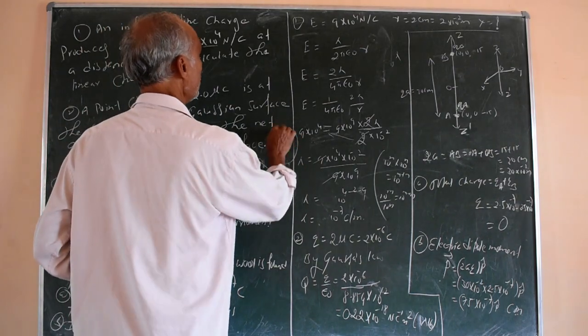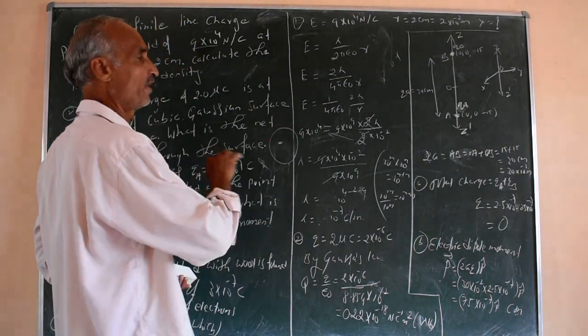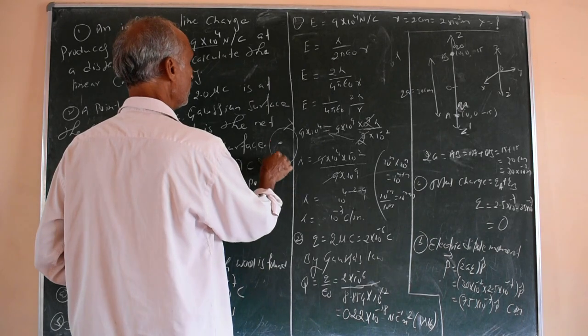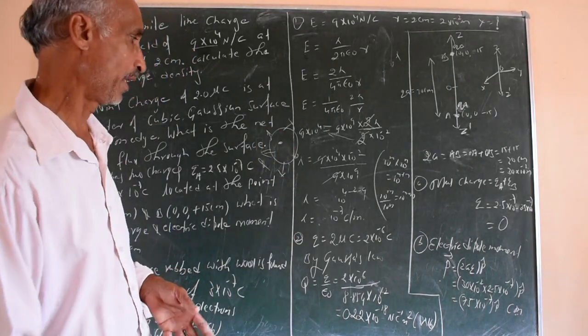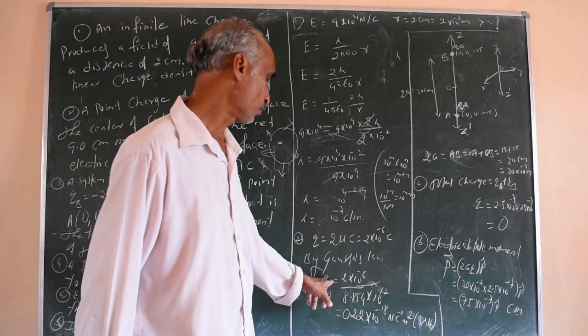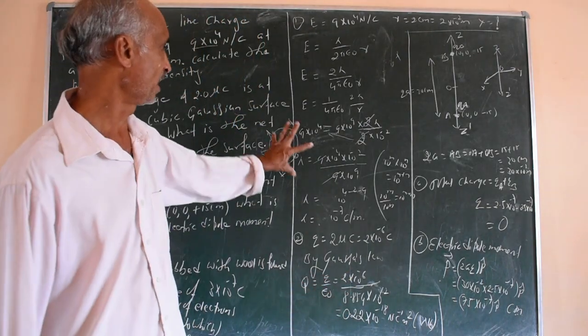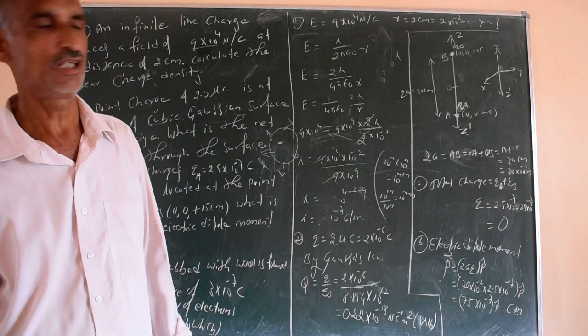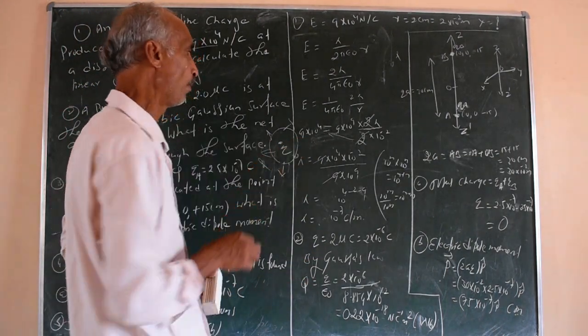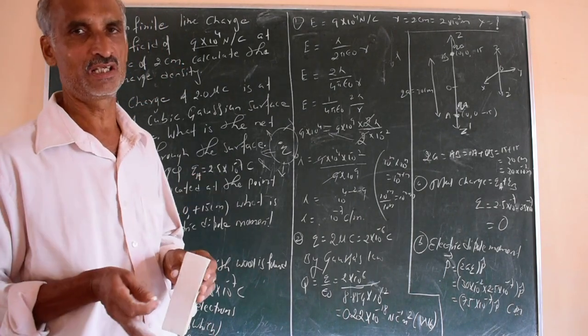Suppose a charge is placed inside a closed surface, then the electric flux passing through it is given by one simple formula according to Gauss's law. It is equal to Q upon epsilon naught. The size and shape of this particular Gaussian surface is not material. Q upon epsilon naught, whatever be the shape and the size.